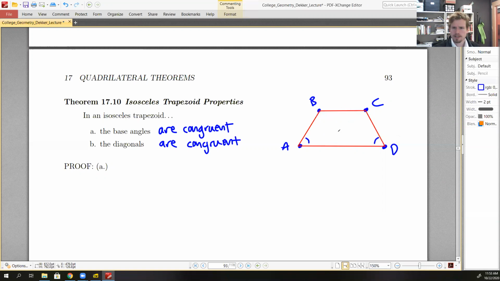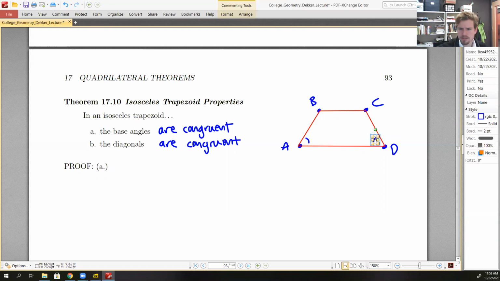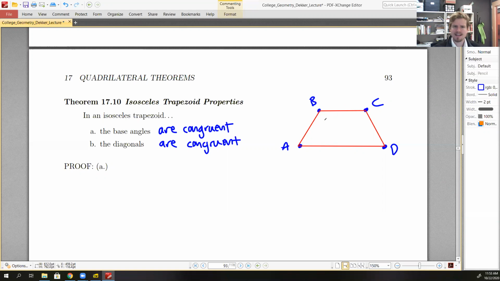Excellent. I'm going to get rid of these because we'll have to add some additional notations shortly. What makes it an isosceles trapezoid is that the sides are congruent.